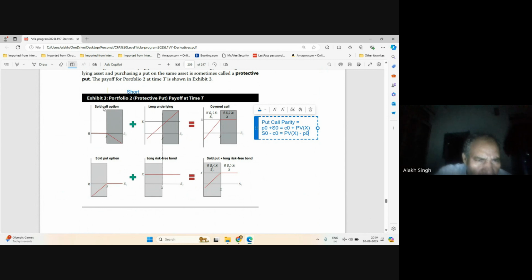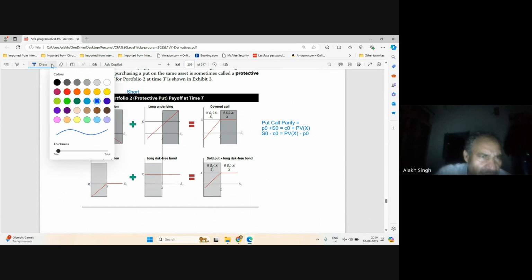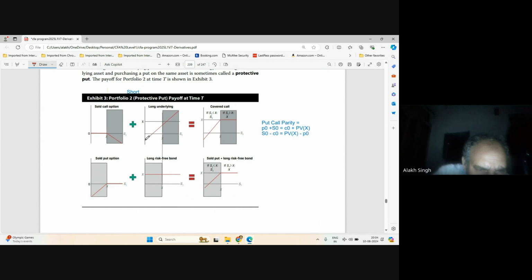Because you have sold a call and you have got this much money. So your underlying is actually starting from here, and this part is your C0. That is the price of the call that you have received. That's why it is not starting from zero.